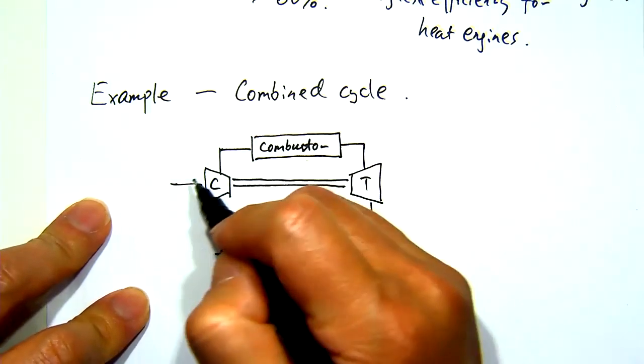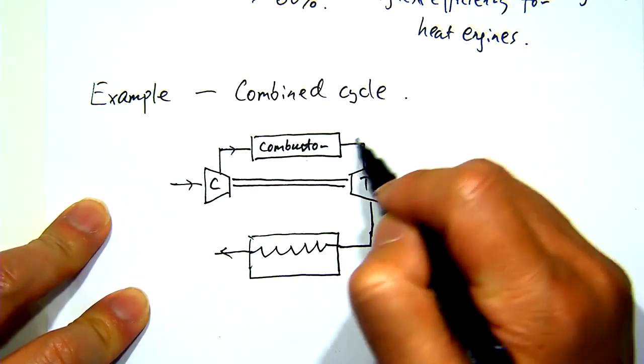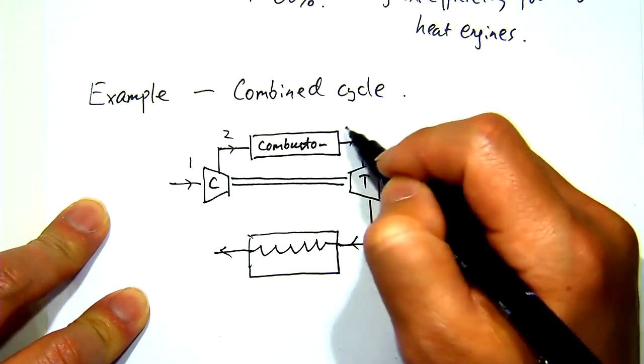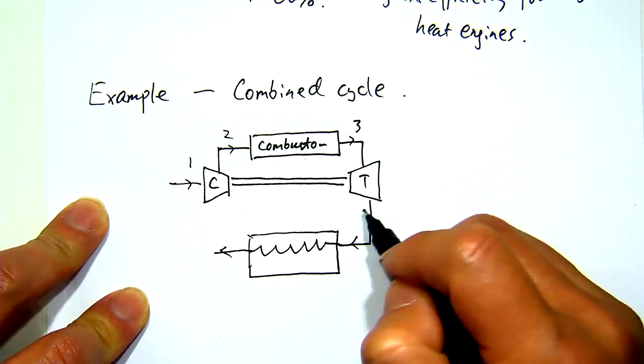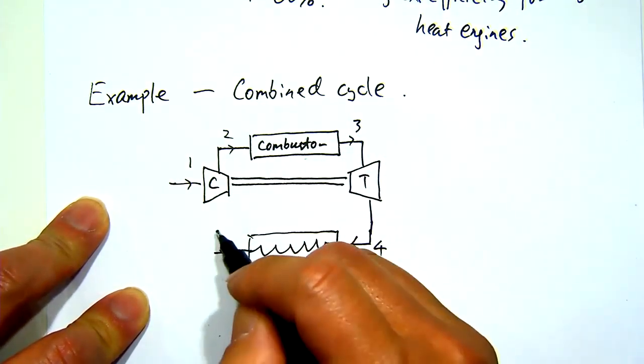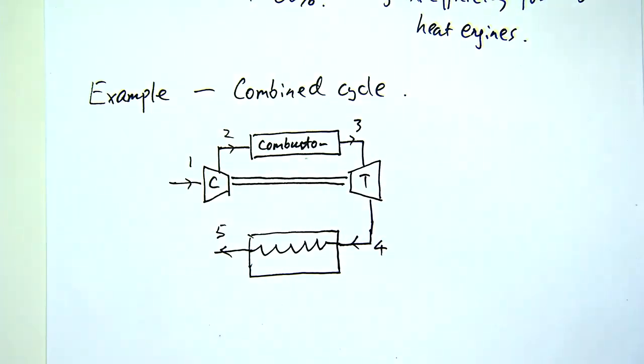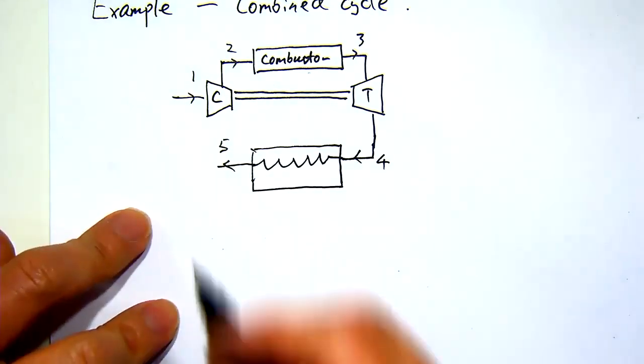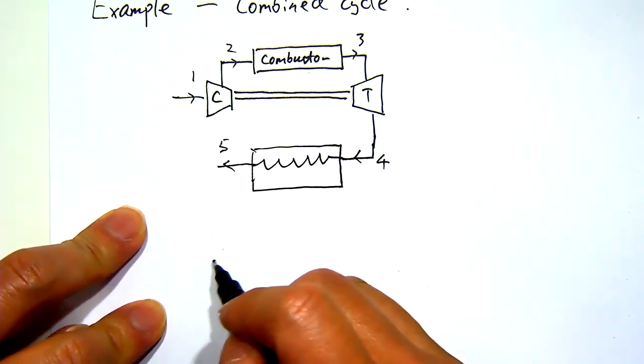So let's say this is 1, 2, 3, 4, and 5. All right, so that's the top loop. The bottom is the Rankine cycle.